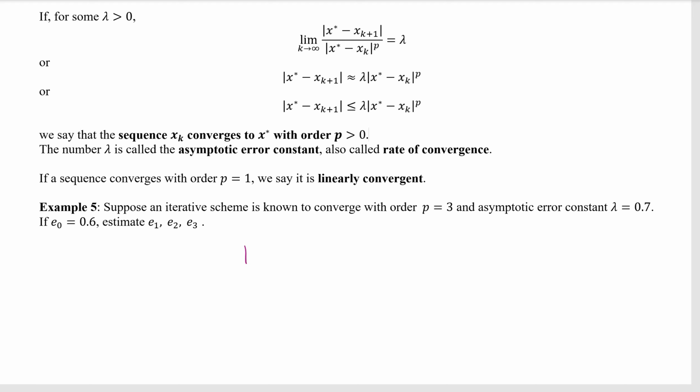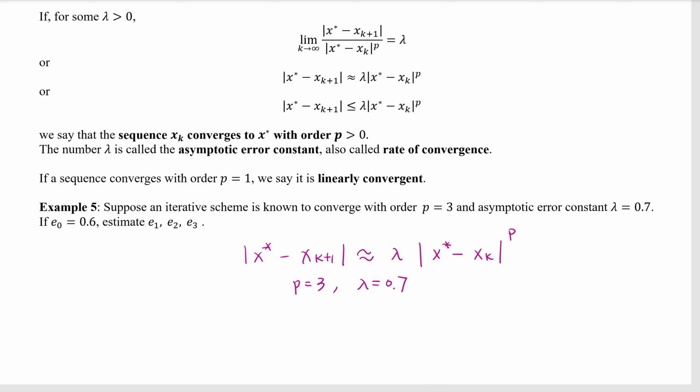So we use the true value minus x(k+1) is approximated by lambda times the true value minus xk to the power of p, right? And here p equals 3, lambda equals 0.7. And lambda is a number smaller than 1, because you want your error to be smaller, right?